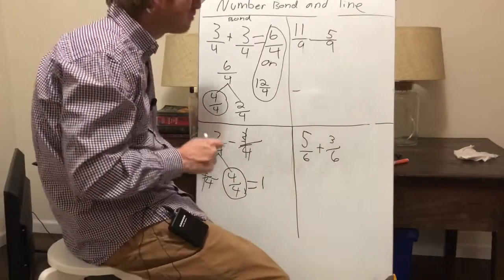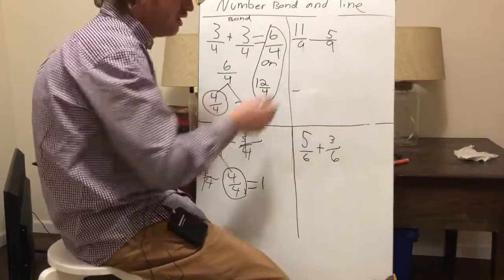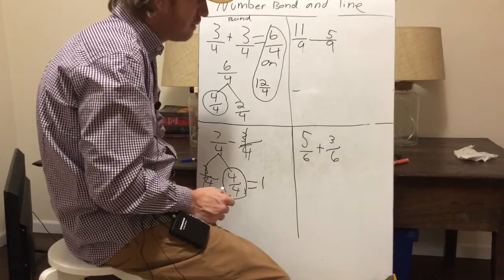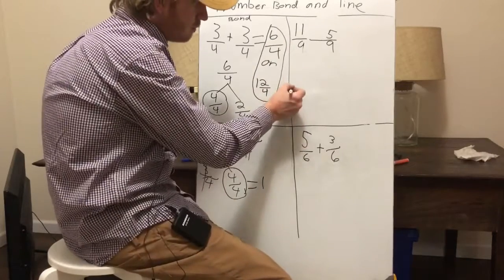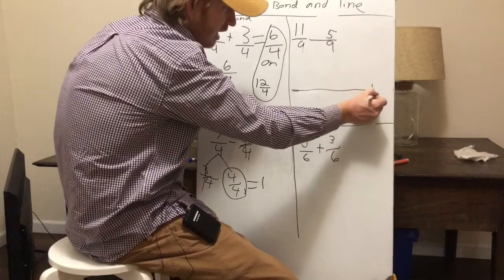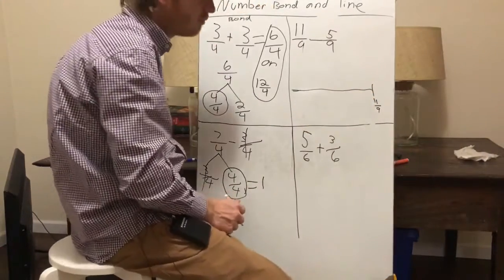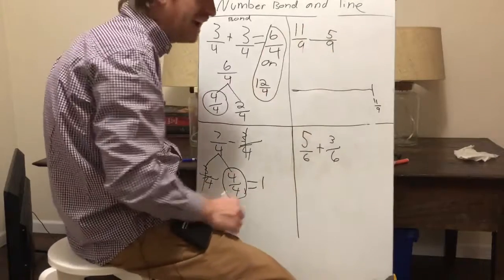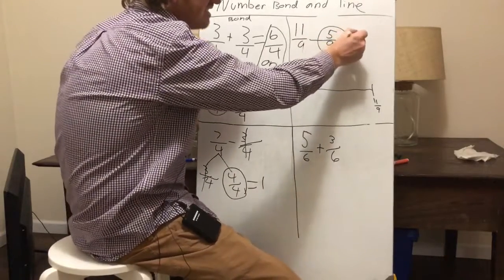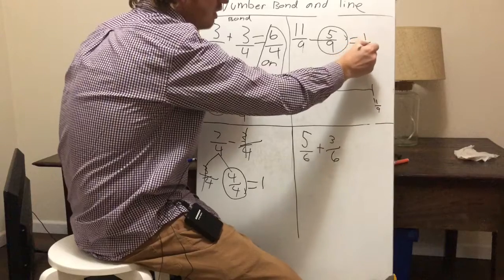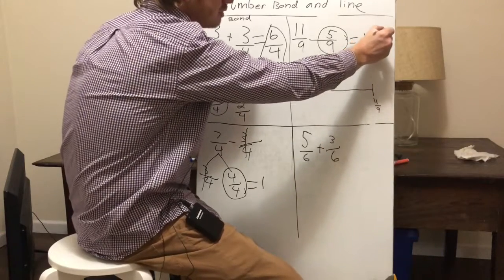The next way we're going to practice is with number lines. So here I have 11/9 minus 5/9. I'm going to draw my number line, and I have 11/9 right there. Then I need to know that 5/9 is the same thing as saying 1/9 5 times.